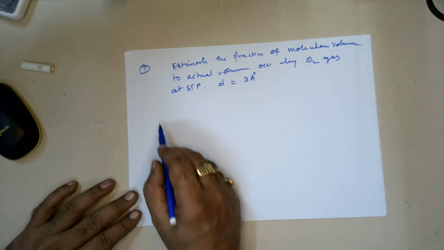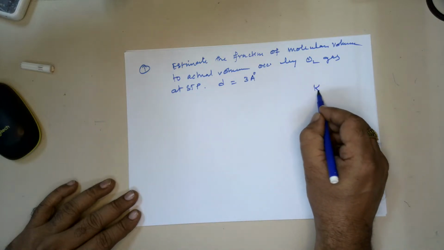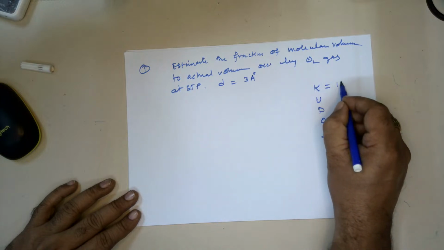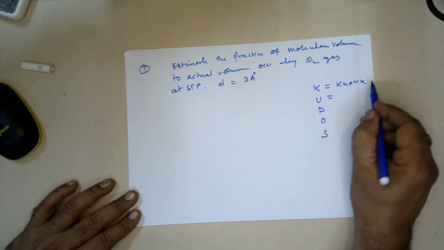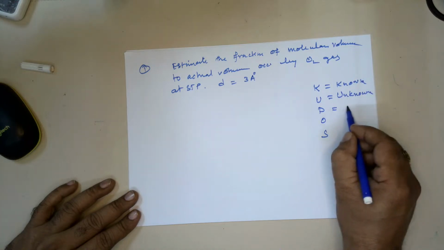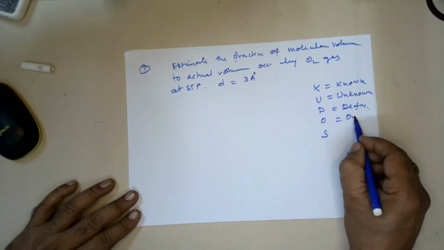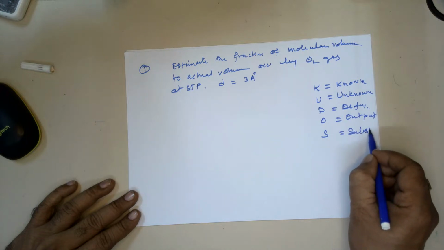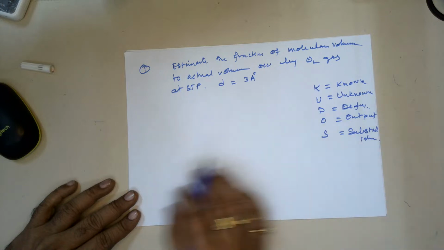Now, for any problem in physics, you should adopt the concept called KUDOS. K stands for known, U stands for unknown, D for definition, O for output, S for substantiation, means justification.